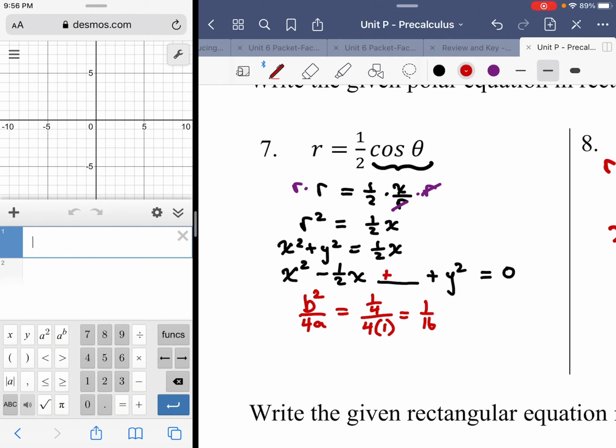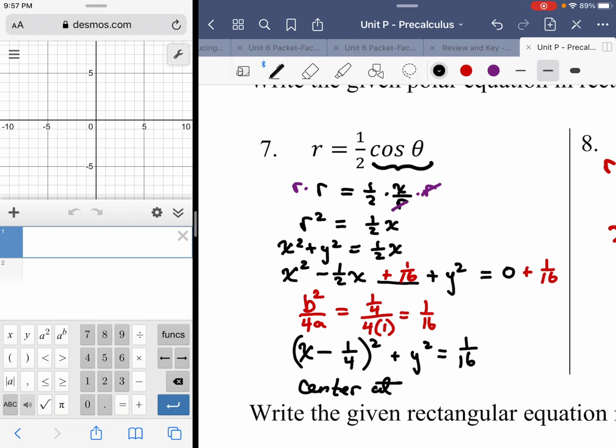So that's what I'm going to tack onto both sides. All right. So we're looking at x minus 1/4 as a quantity squared plus y squared is equal to 1/16.